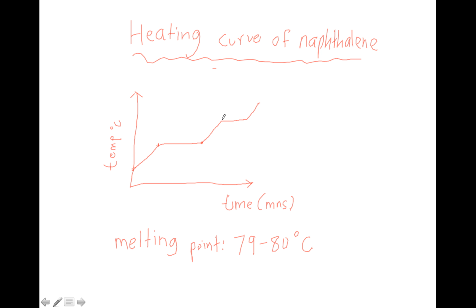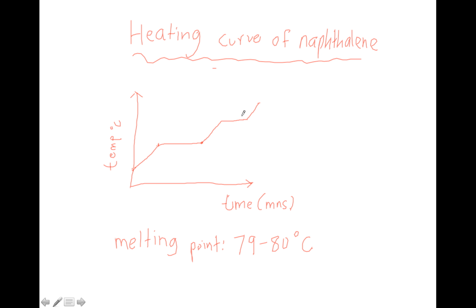It reaches this temperature, and then at this point you have a constant temperature, a flat line. So again, the bonds are being broken, heat energy is absorbed, and at this last point over here, naphthalene becomes a gas.